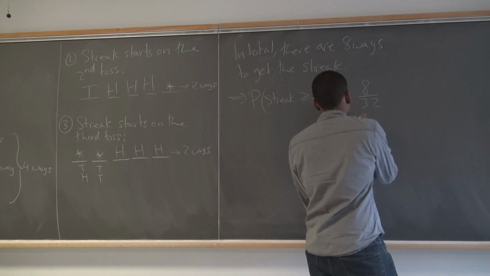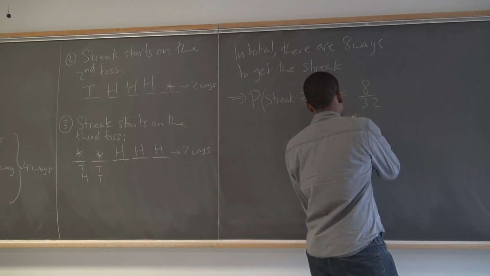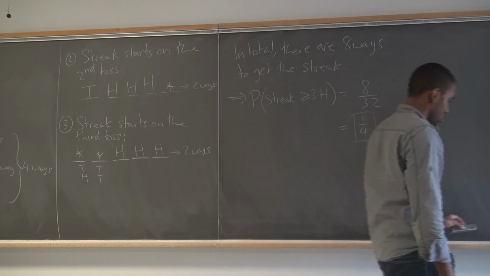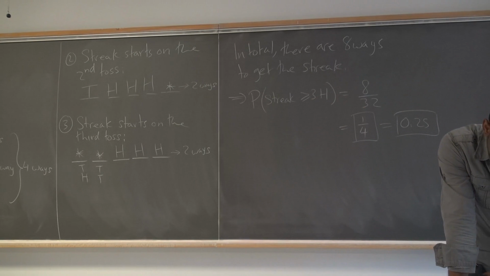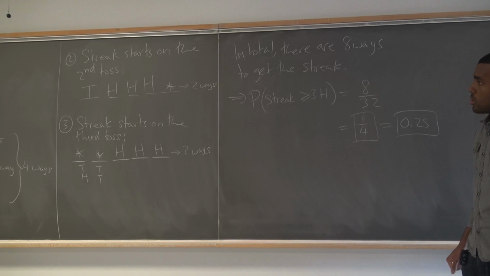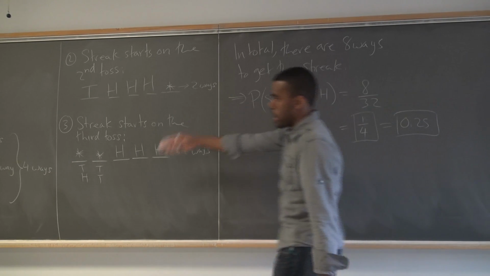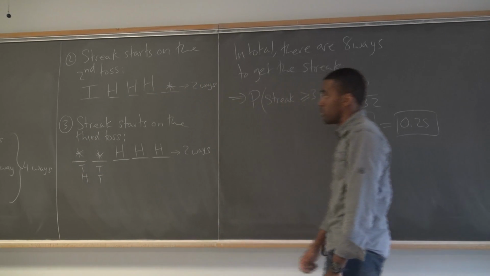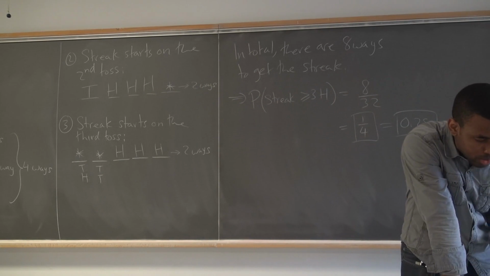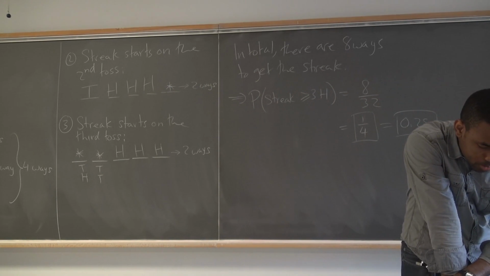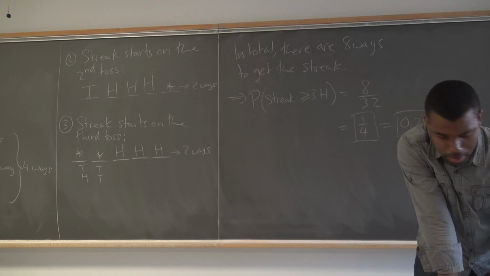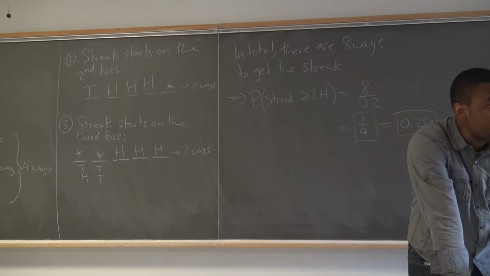Which is 1 out of 4. Or if you want 0.25, like I said there. So like I said, with probabilities you have to really be careful. Sometimes you just have to map things out, use diagrams to help you, and so on and so forth. In the section coming up, we'll find ways to just attack these directly with algebra and arithmetic. But for now, this is what we know how to do. Just use diagrams and sort of picture it out and map it out and count carefully.